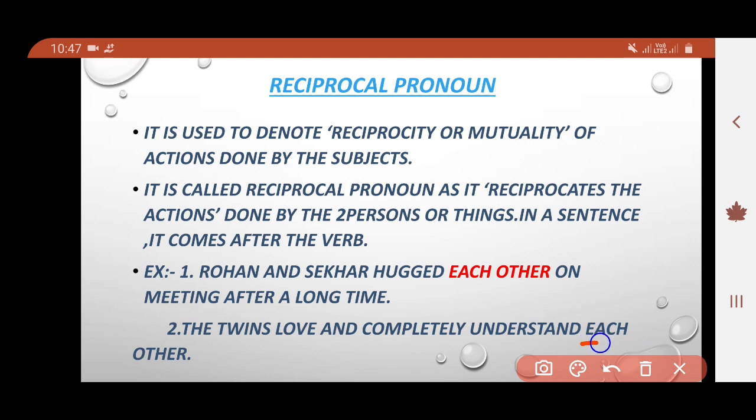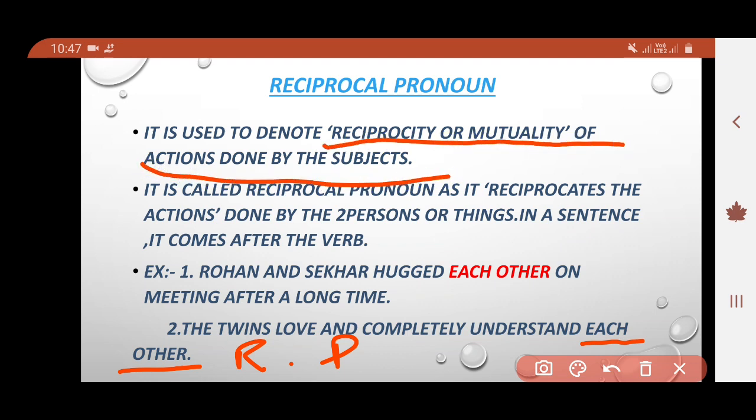So here again each other is the reciprocal pronoun. Okay students, I hope you are clear about what is reciprocal pronoun. It is used to denote the reciprocity or mutuality of action that is done by the subjects. That means it reciprocates the actions that are done in between two persons or two things.